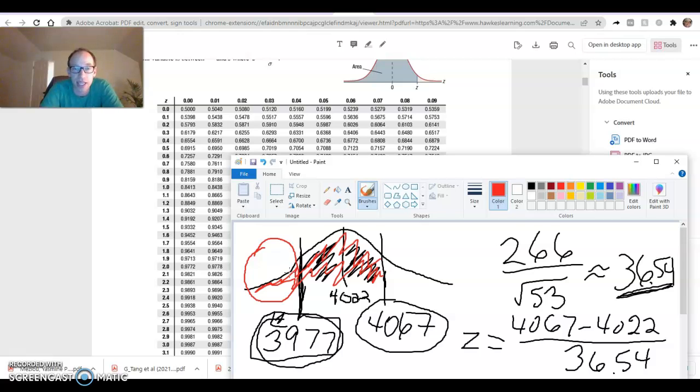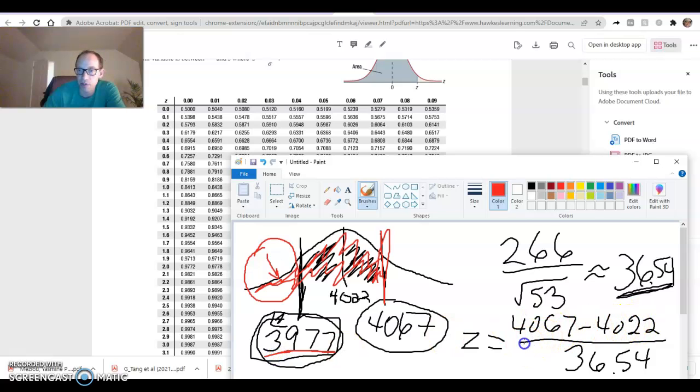The table gives us everything to the left of our z-score right here, but we don't want everything to the left. We only want the black shaded portion. So how do we know what portion to subtract out? That's where we use 3,977.